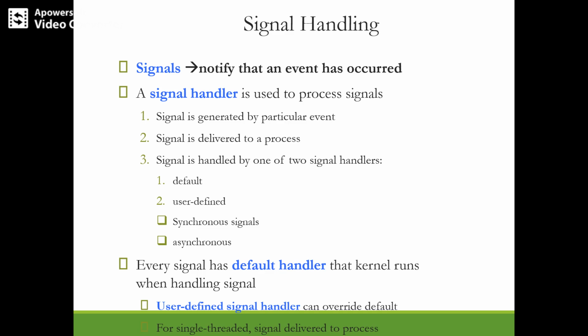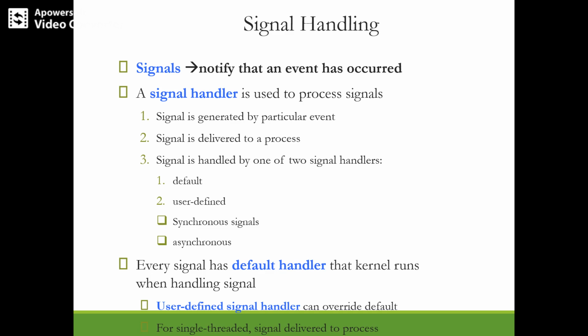In the case of asynchronous signals, for example terminating a process with certain keystrokes, the signals are generated by an event external to the running process. So a synchronous signal is sent to the same process, whereas an asynchronous signal is sent to another process. I think you must know this: what is the difference between synchronous and asynchronous signals, right?